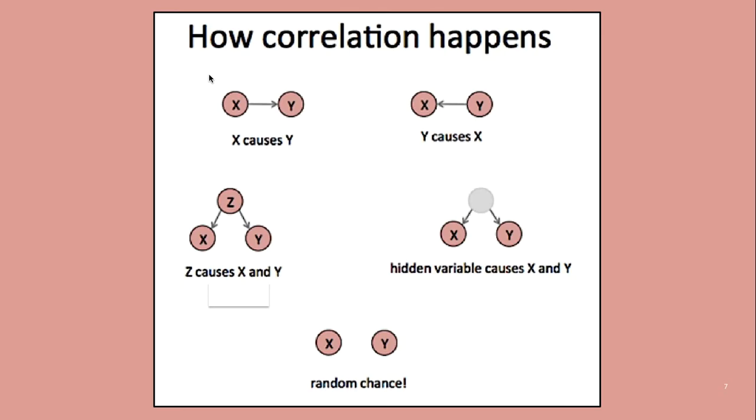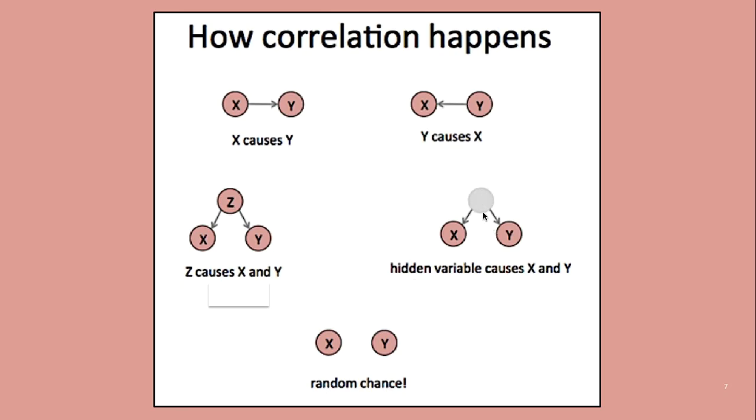Let's look at this graphic image on how correlation happens. We have variable X causes variable Y, or vice versa, Y causes X. We can also see that there may be a variable Z that causes X and causes Y. We may also have a hidden variable.